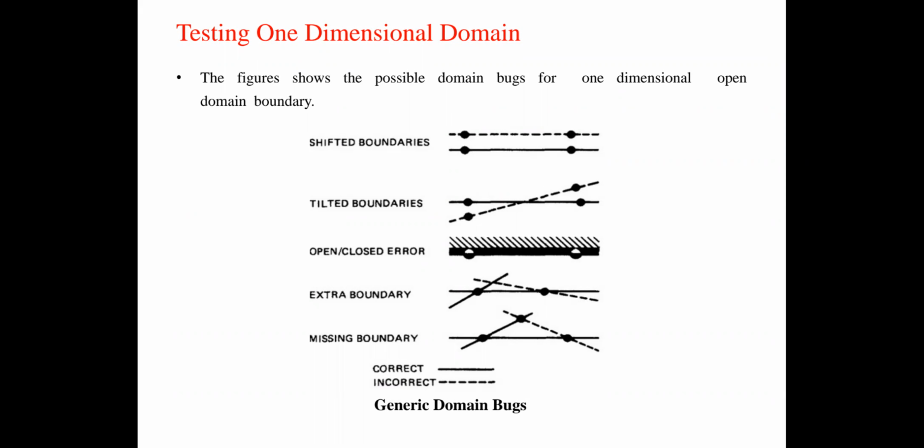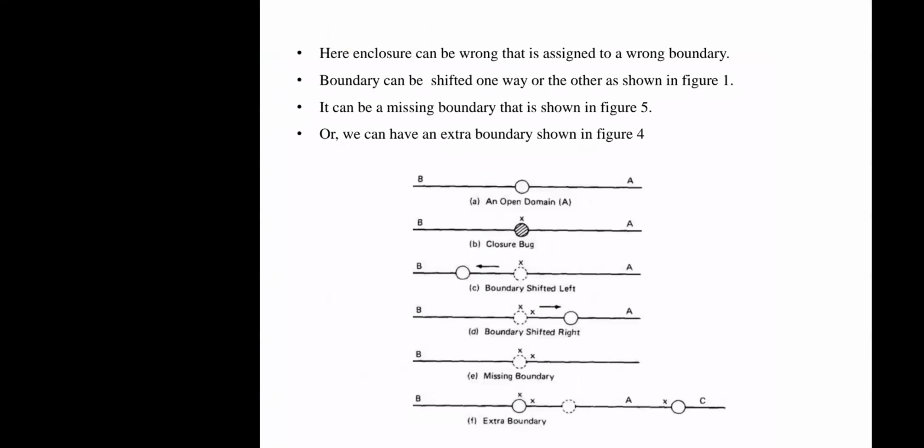So that is an extra boundary, that is a bug. These are the different bugs that will arise in one dimension. One is a shifted boundary, which is shifted to another place. Tilted boundary, where the position is different. Next, open closure boundary, extra boundary will be displayed, missing boundary will be missed. Okay, these are the different bugs.